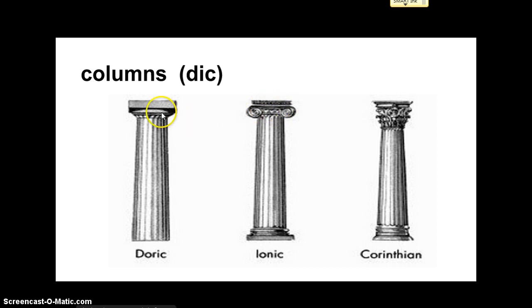So Doric is the simplest, Ionic adds a little to the top, and then Corinthian is decorative on both sides. So if you think about it, D-I-C, yeah, I know. Doric, Ionic, Corinthian, and it goes from simplistic to most decorative.